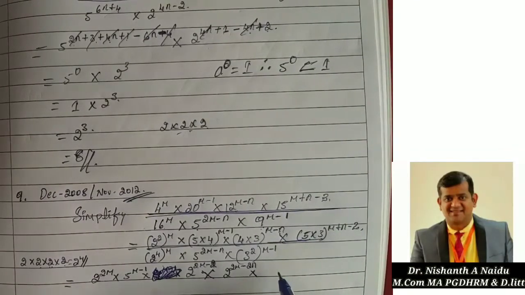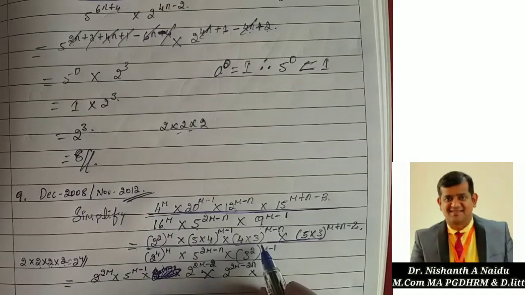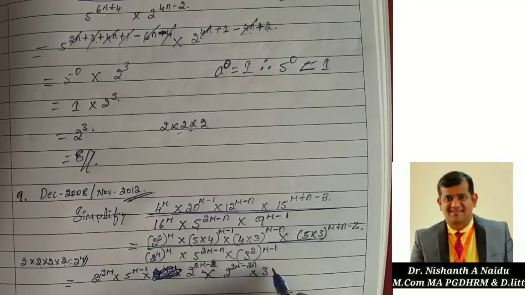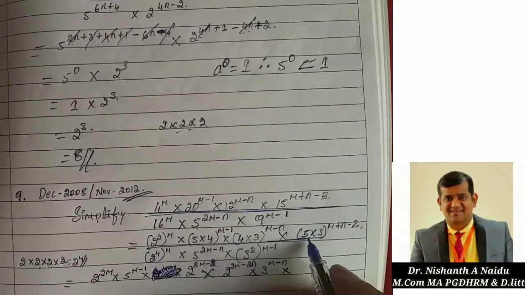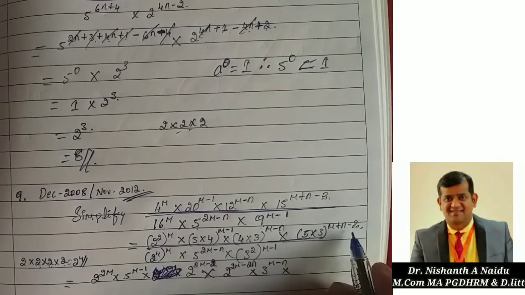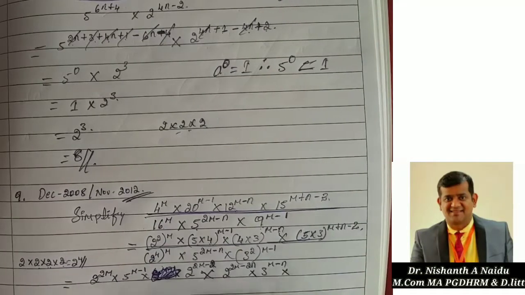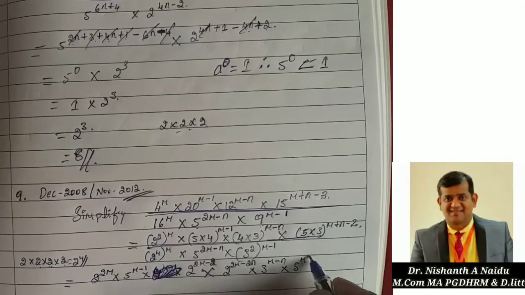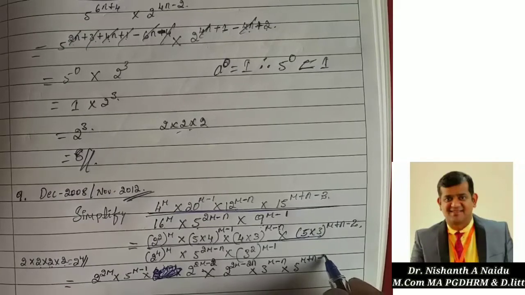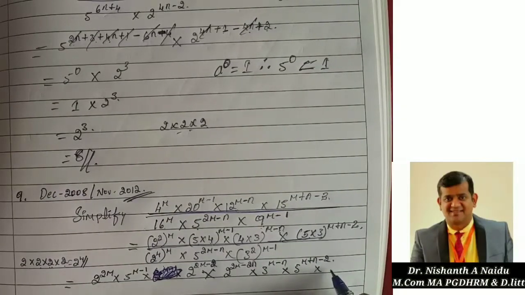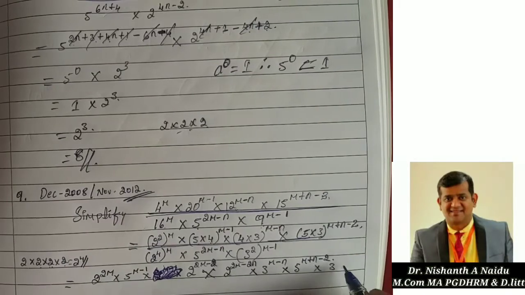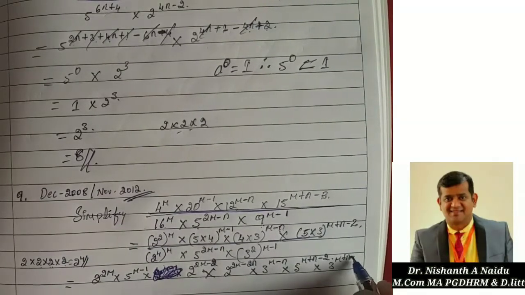Into 3 is there, so 3 to the power m minus n, into 5 to the power m plus n minus 2 is there. So take down 5 to the power m plus n minus 2. Next 3 is there, into 3 to the power m plus n minus 2.